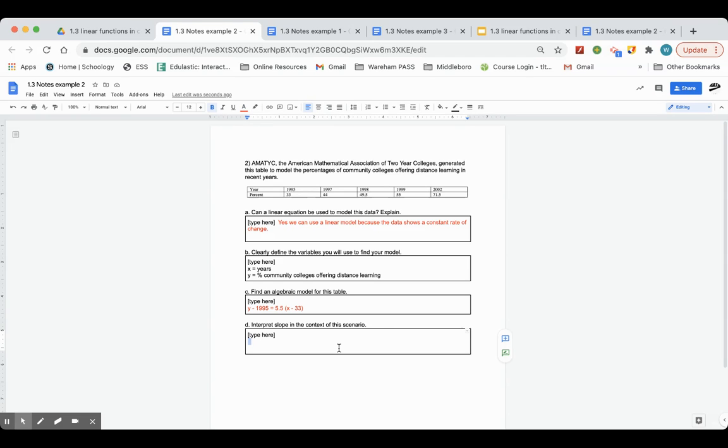So since 1995, the percentage of community colleges offering distance learning increases by 5.5.